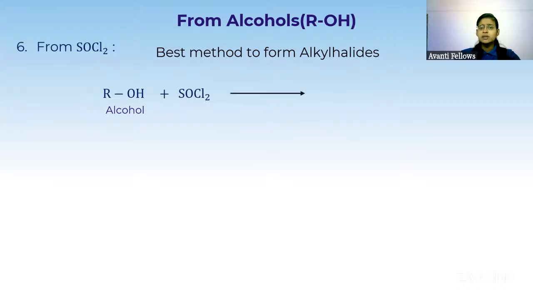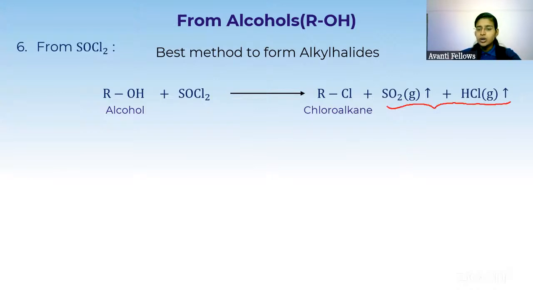So the OH will be substituted by Cl. So finally, I will get a chloroalkane with the release of SO2 and HCl. So here, both sulfur dioxide and hydrogen chloride are gases.